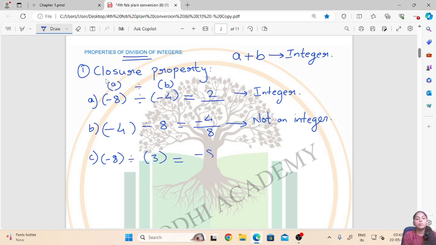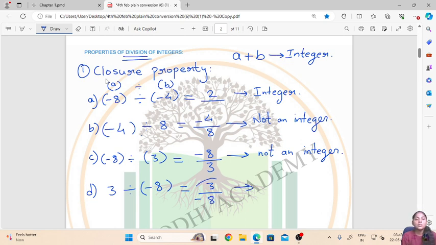So this will be -8 by 3, which is also not an integer. Another example we can take is, we will reverse this: 3 divided by -8. Here also we won't get an integer as an answer. So this is also not an integer.